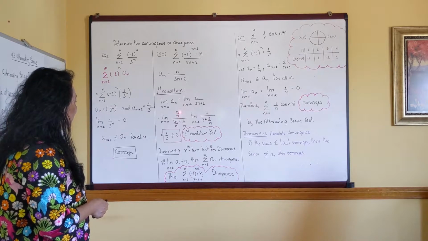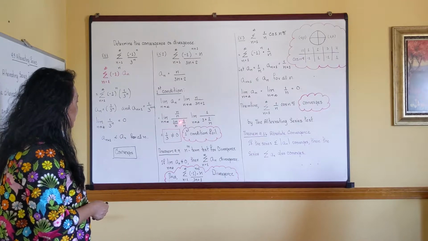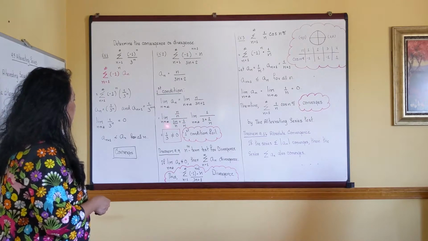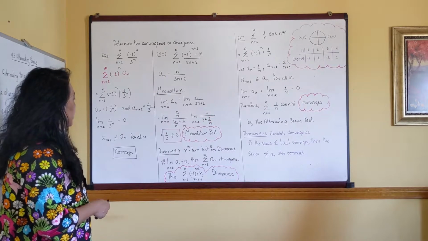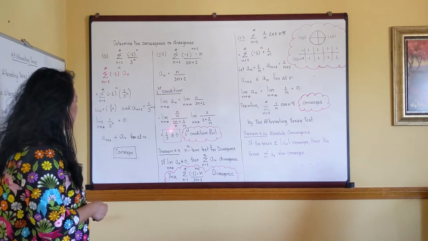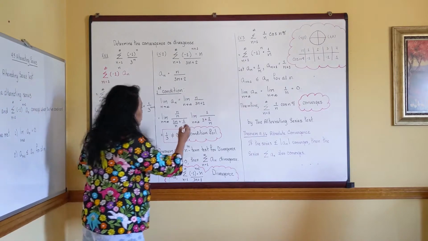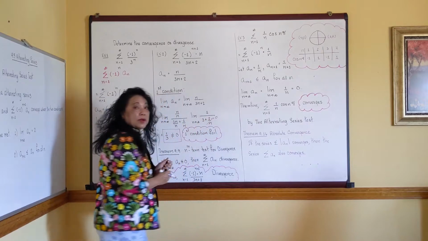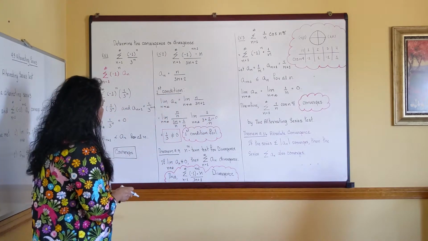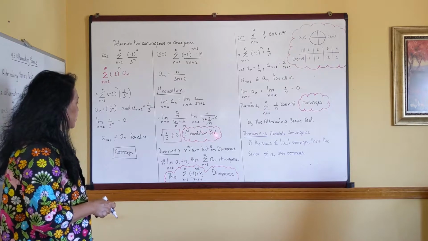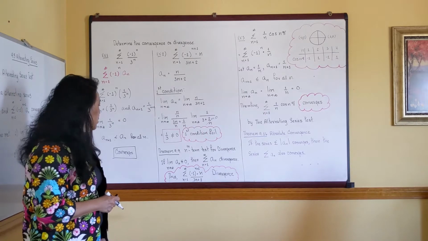So I have n over n over 3n over n plus 2 over n. N over n is just 1, and the denominator is 3 plus 2 over n. As n goes to infinity, this term goes to 0, so you have 1/3. It's not equal to 0, so the first condition fails.